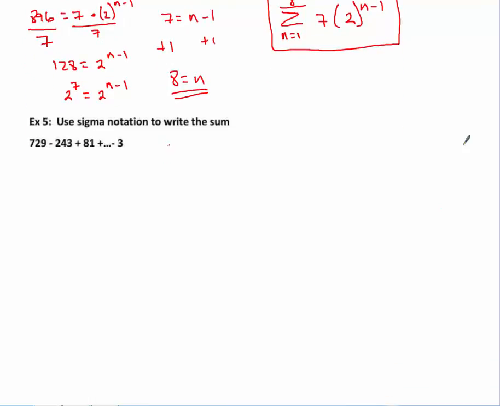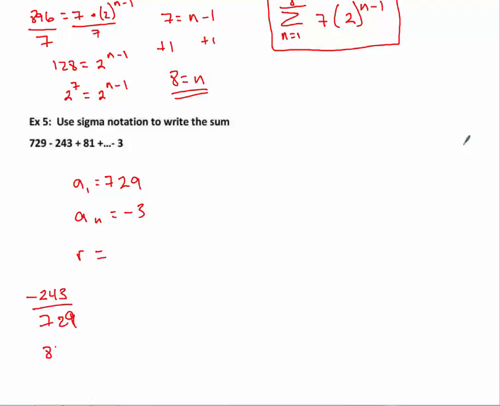All right, last one. Use sigma notation to write the sum. So here we have our series, and we know that a sub 1 is 729. We know that a sub n equals -3. And we know that r equals, we have to figure it out. So if we can't recognize it immediately, we do a sub 2 divided by a sub 1.